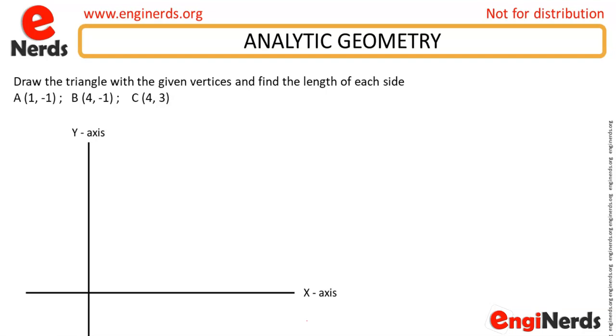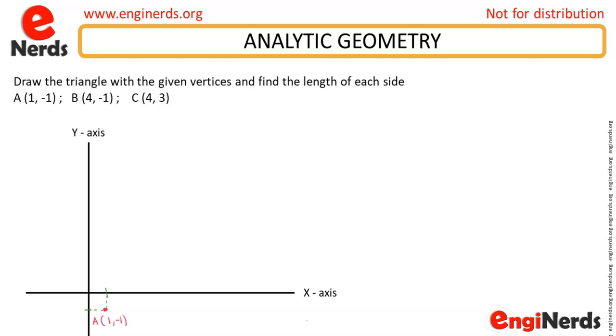We have positive 1 and negative 1. So, therefore, yung point A natin is nandito sa intersection nila. So, ito ang ating point A. Okay, na merong coordinate na 1, negative 1.